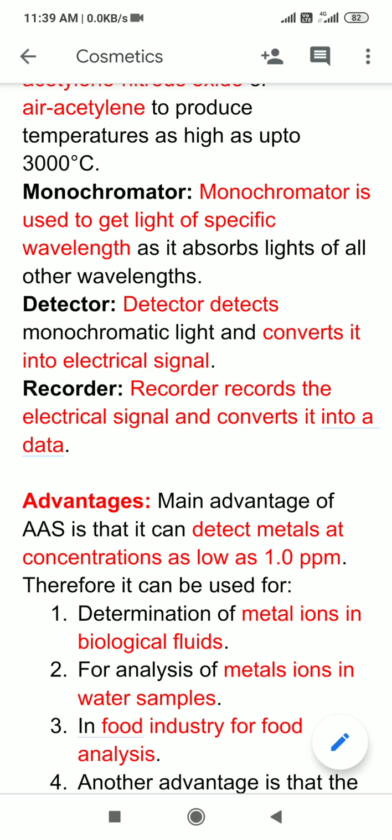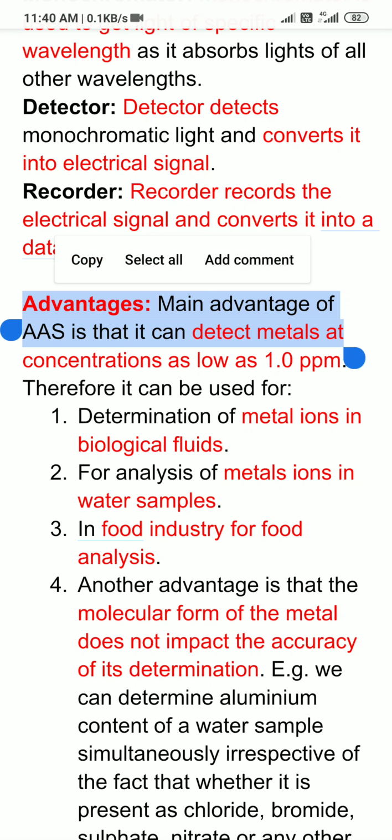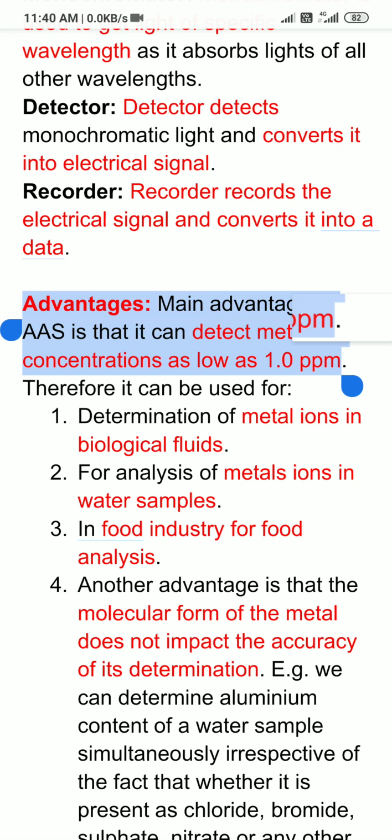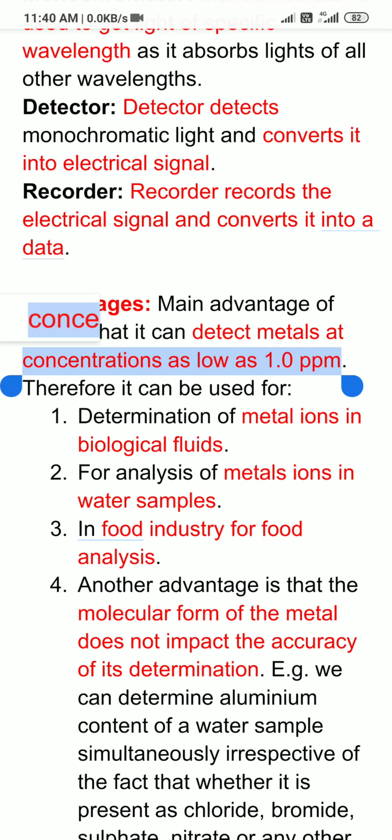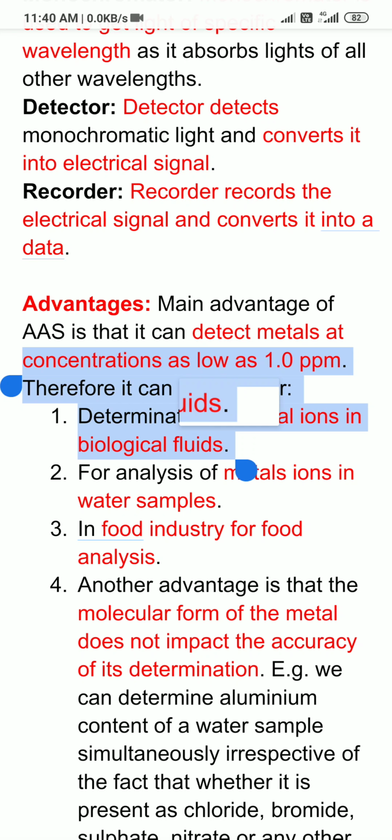Next I am coming to the advantages of atomic absorption spectroscopy, which in short is pronounced as AAS. Main advantage is that it can detect metals at concentrations as low as 1 ppm. So it can be used in different applications like determination of metal ions in biological fluids.